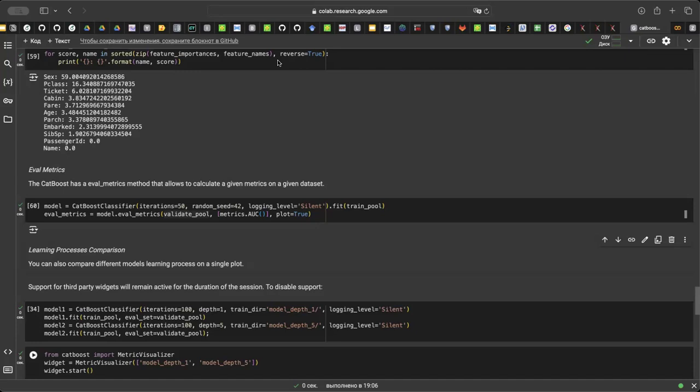Like the false positive rate. Yes, and what was it? There will be the false positive rate on the x-axis and the true positive rate, right? Yes, exactly. Okay, so how do we draw this curve? Like which library to use?